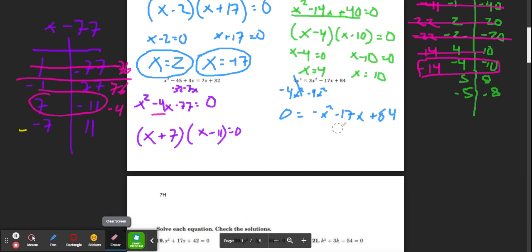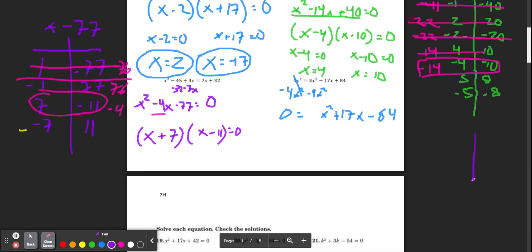So we change the negative x squared to positive x squared, the negative 17x to positive 17x, and the positive 84 to negative 84, and then we're set to go. If you need to change one sign, that's fine. Just change the signs of everything in the equation. And 0 and negative 0 are the same thing.